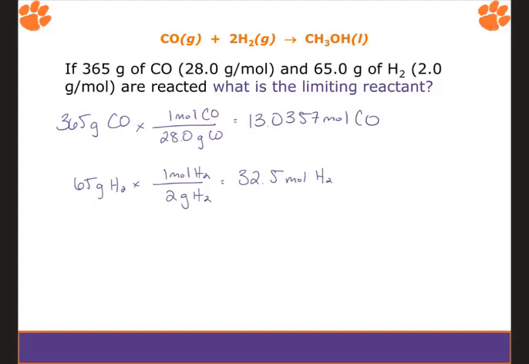Now, before you get excited and see that CO is the smaller number of moles, so clearly it's going to be the limiting one, we first have to check the molar ratios. So here in the reaction, I'm going to be using 1 mole of CO for every 1 mole of methanol produced. All right.